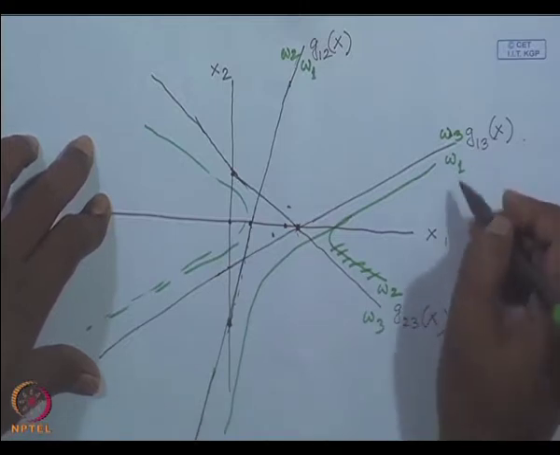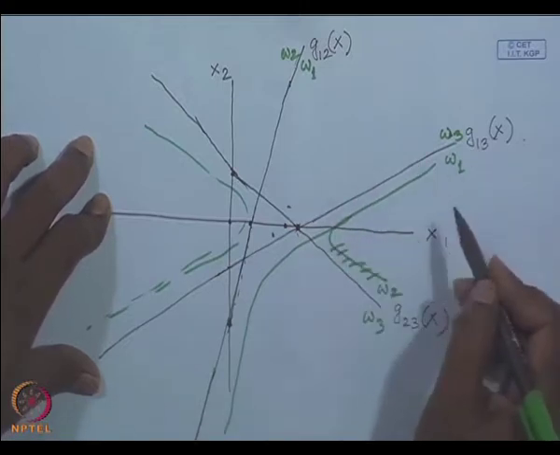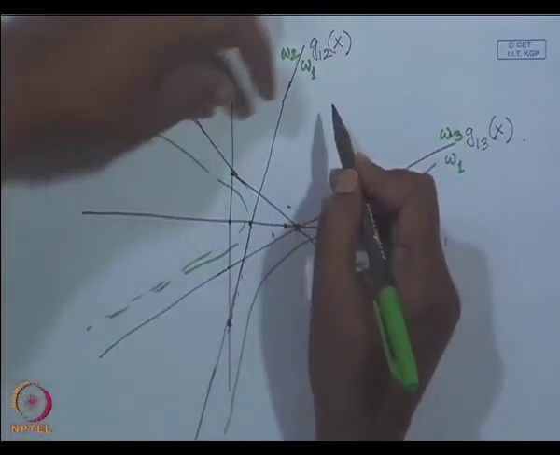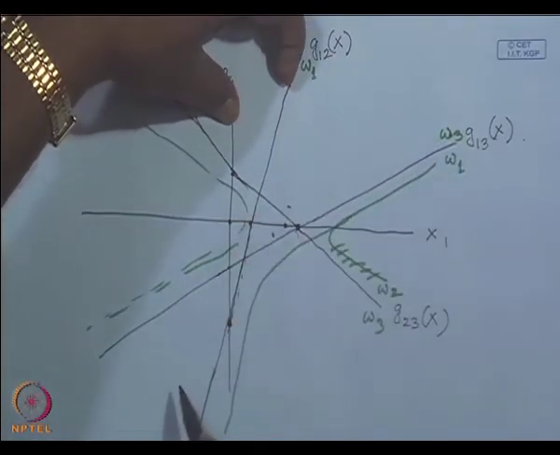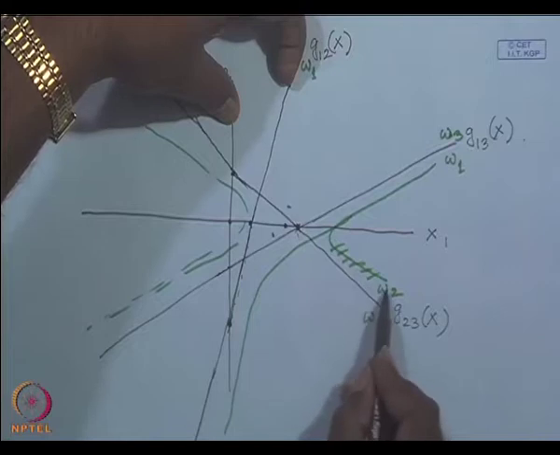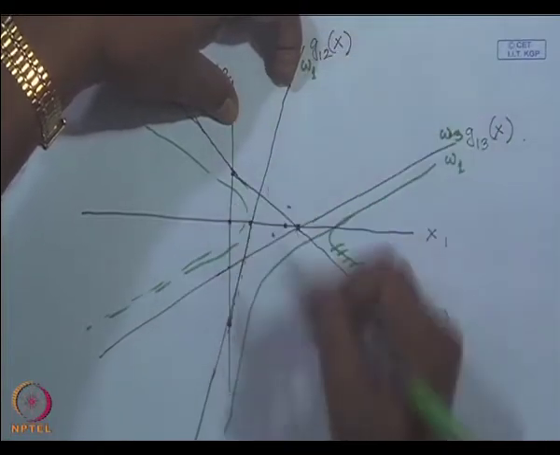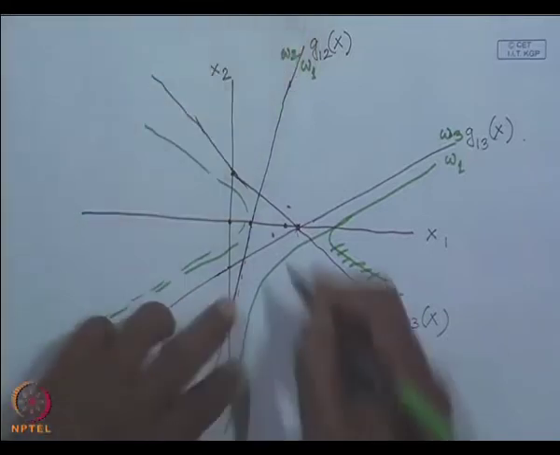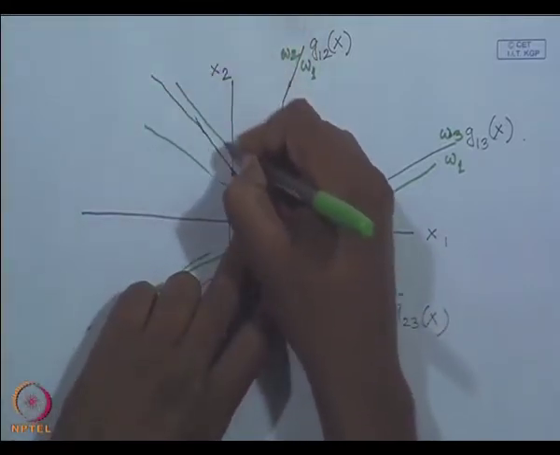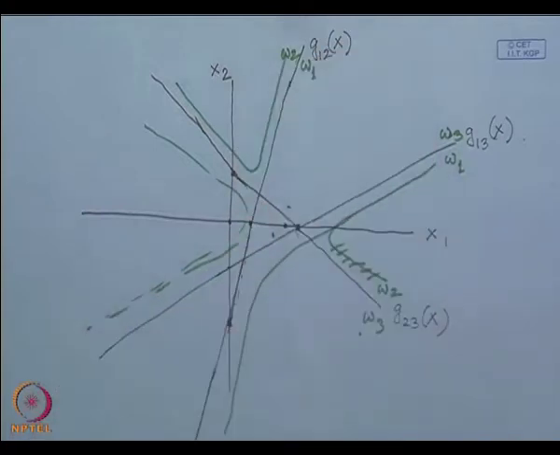And coming to omega 2, you find that this is the region which is allotted to omega 2, and between omega 2 and omega 3, this is the region on this side that is allocated to omega 2. So, if I take the intersection, then this is the region which will be allocated to omega 2.